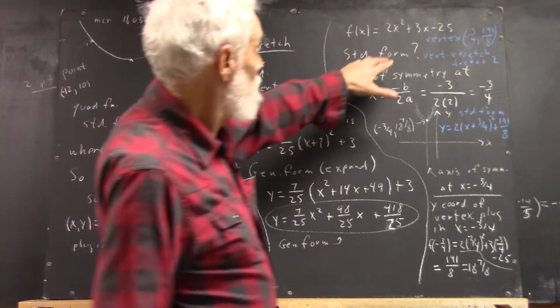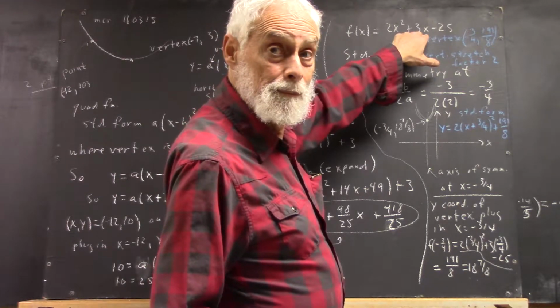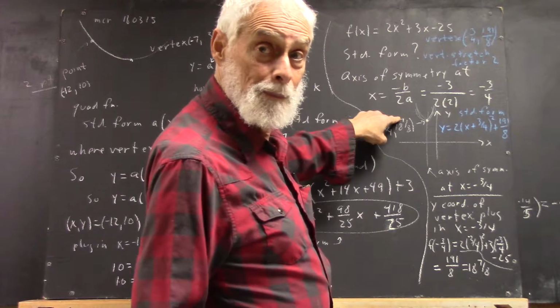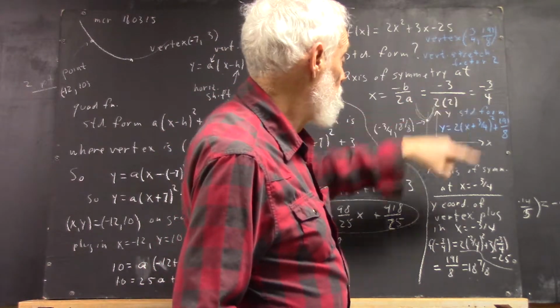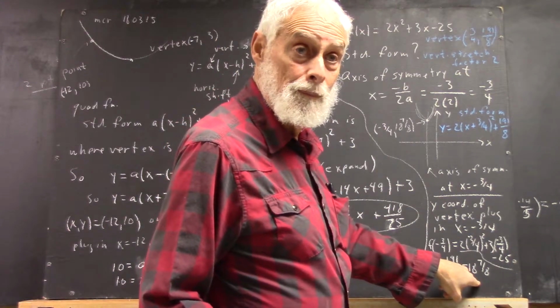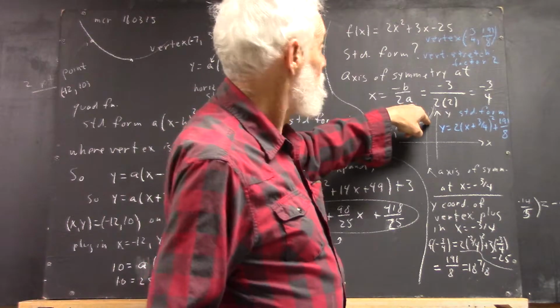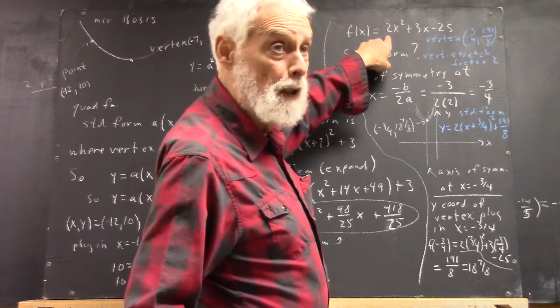Now, if you get the general form, to get the standard form, you just use what we know, the axis of symmetry. Plug that x-coordinate in to get the y-coordinate, and you have the vertex. Identify the coefficient of x squared, which is pretty easy, you just spot it.